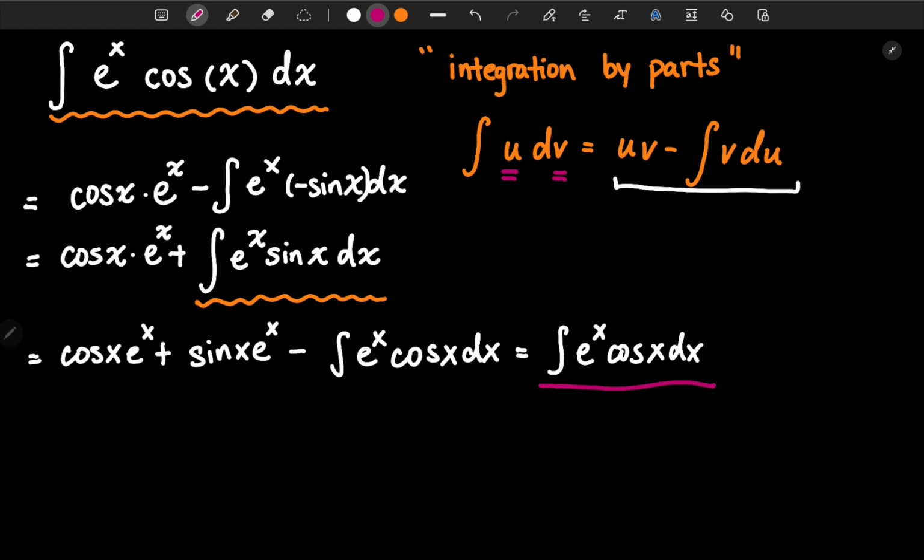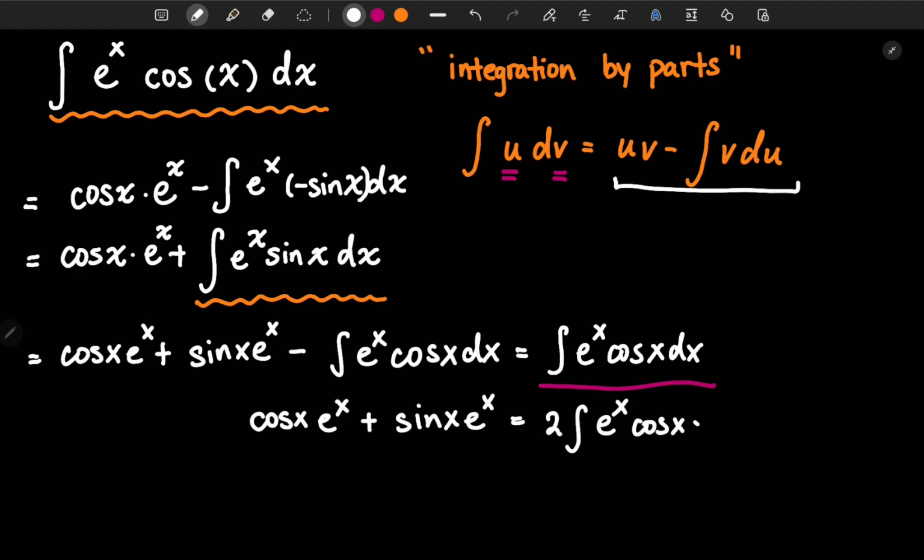So let's combine them together, which gives us cosine x e to the x plus sine x e to the x is equal to, so on both sides we add this term, which gives us 2 times the integral of e to the x cosine x dx. Therefore, we treat this part as our only variable.